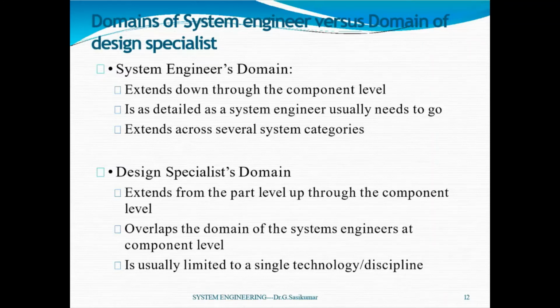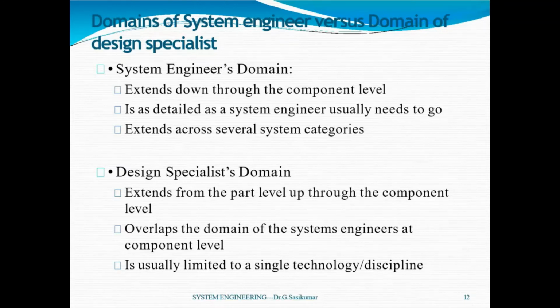A system engineer domain will have three views. It extends down through the component level, which is as detailed as a system engineer usually needs to go, and extends across several categories.